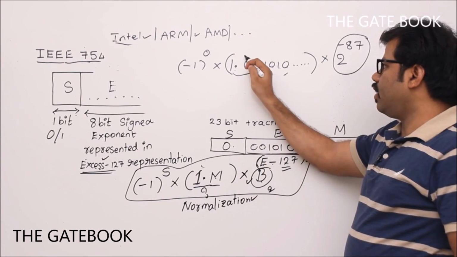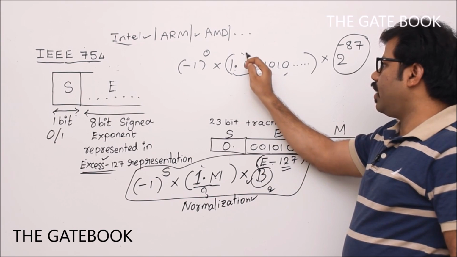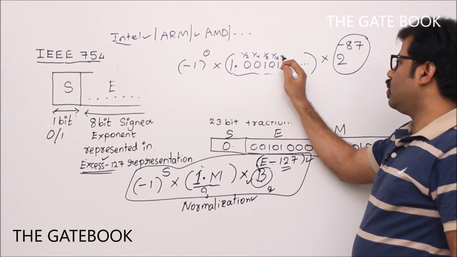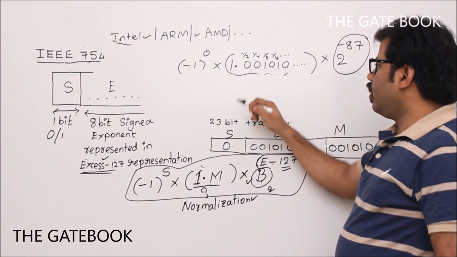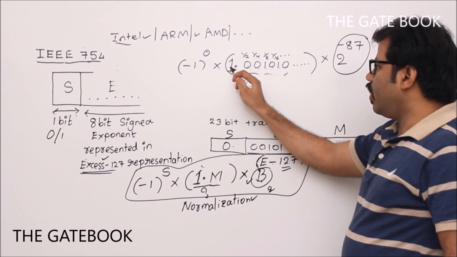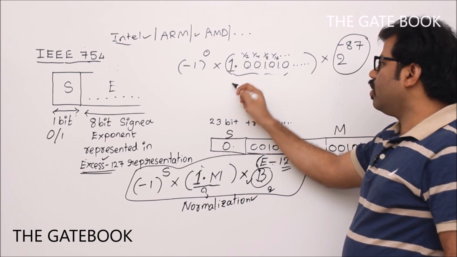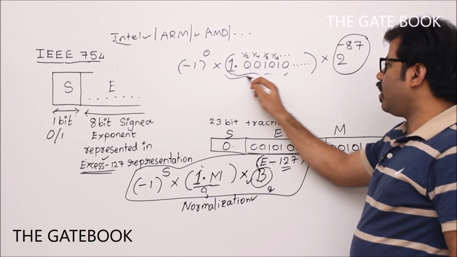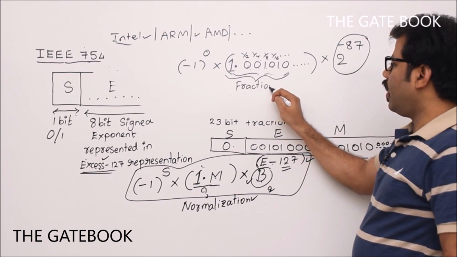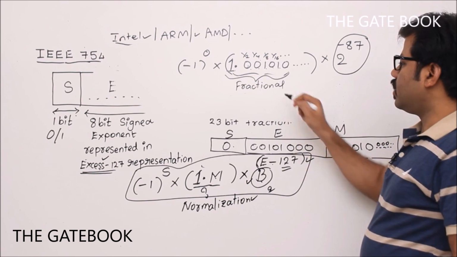You know the idea, right? What is each bit's weightage? 1 by 2, 1 by 4, 1 by 8, 1 by 16, and so on. Let's interpret this as fractional representation. I already explained fractional representation.